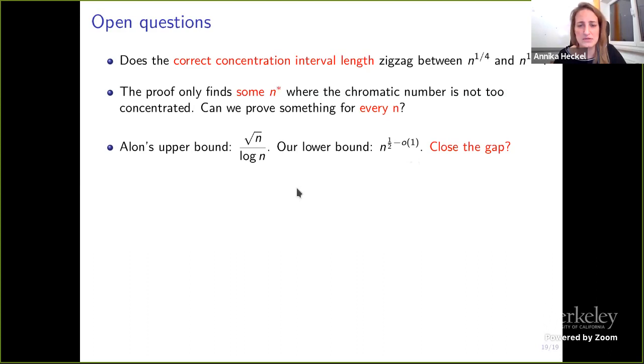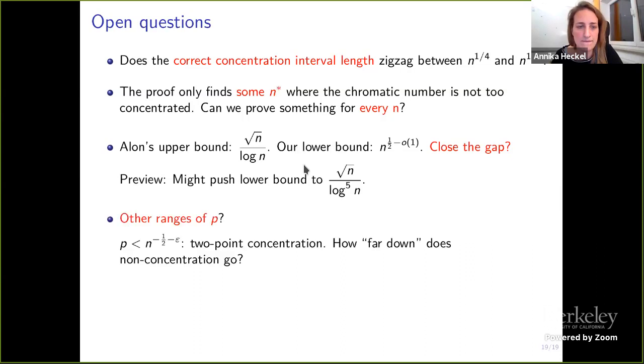It would be nice to close the gap between these two expressions. Now we think we might be able to push this lower bound to root of n over log n to the 5. That depends on some results I'm currently writing up with Kostas Panayiotou. So this would be then only within a log factor of each other.